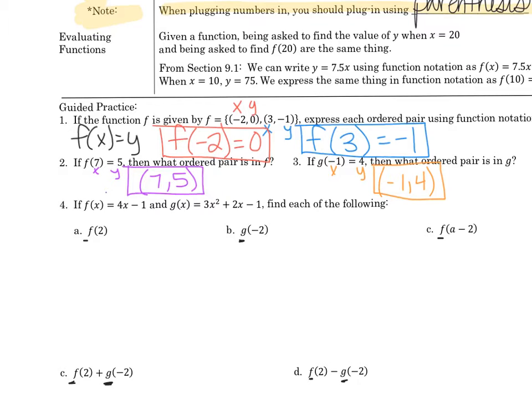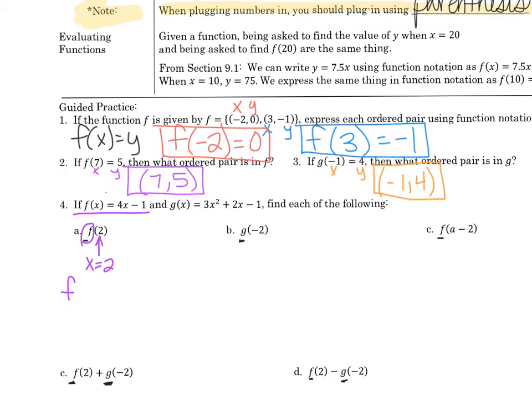Looking at A, it says f of 2. This means that x equals 2, and we're plugging it into f. So everywhere there is an x in f of x, we're going to plug in 2.